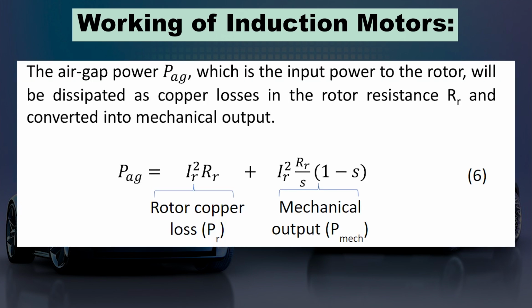The air gap power PAG, which is the input power to the rotor, will be dissipated in the resistance of the rotor circuit in the form of copper loss, and the remaining part is converted into mechanical output. So PAG equals IR square RR, which is the rotor copper loss, plus IR square RR by S into (1 minus S), which is the mechanical output power.